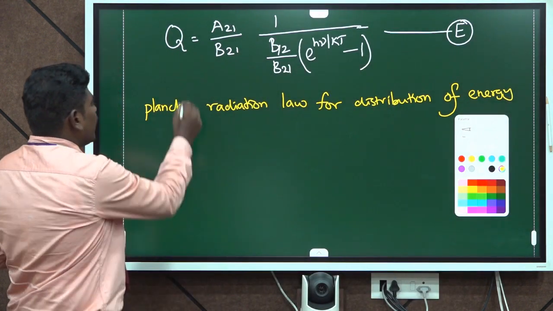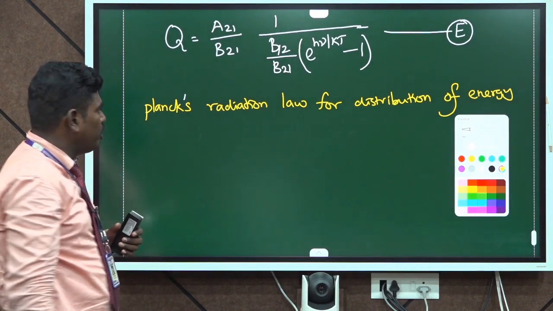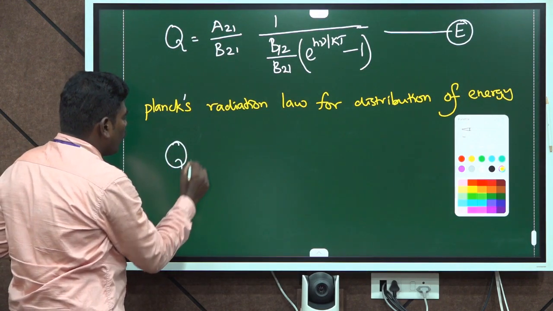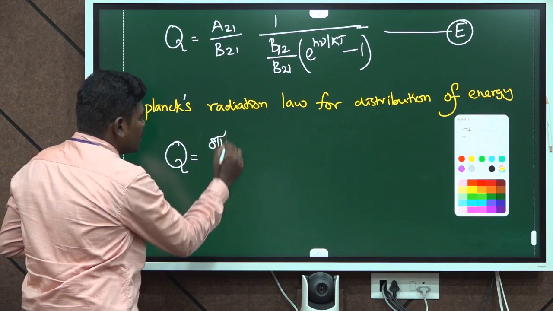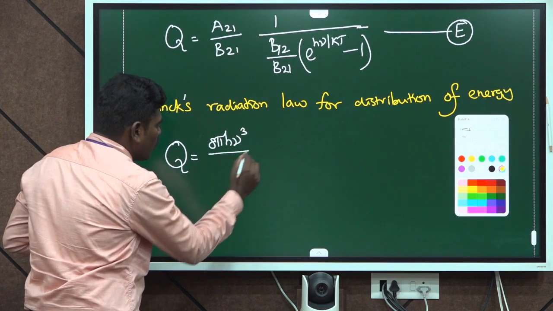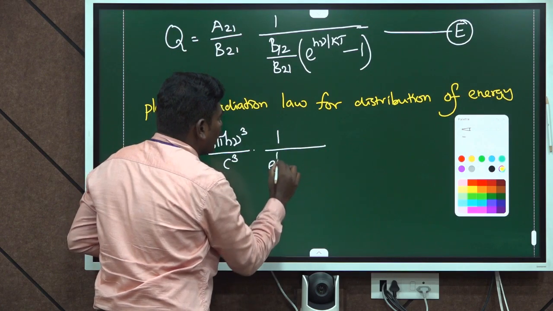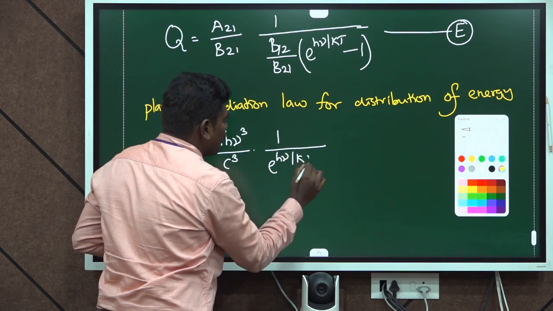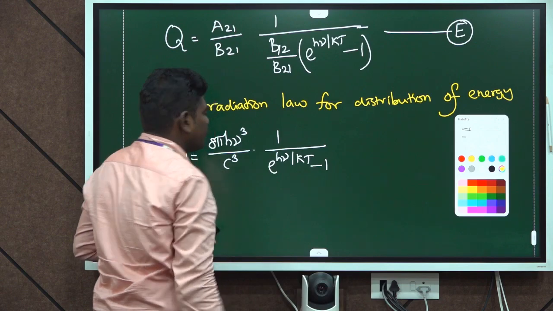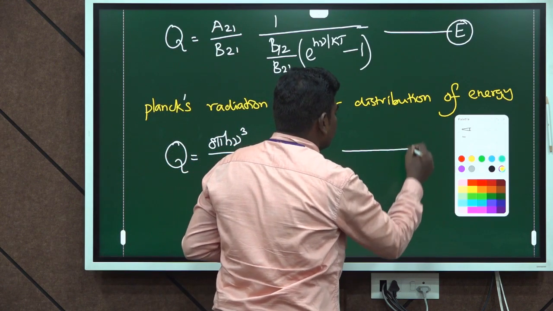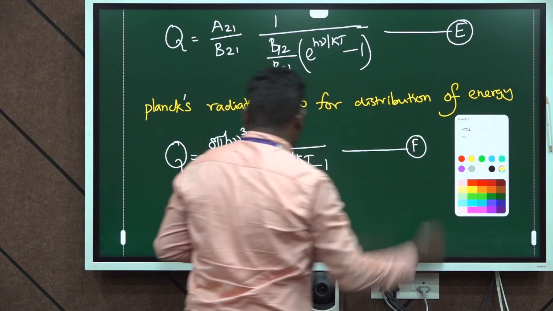According to Planck's radiation law for distribution of energy, Q equals 8 pi h nu cubed divided by c cubed, times 1 divided by e power h nu divided by kT minus 1. This is the equation represented as F.